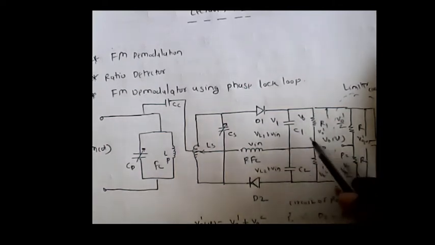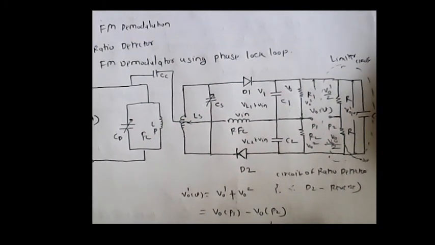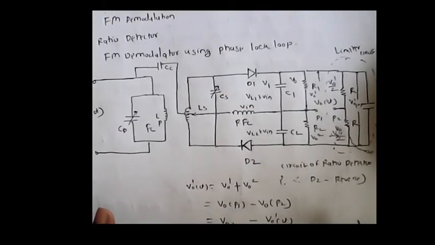This whole circuit is an envelope detector, and the voltage output is P1 minus P2. So R1 and R2, that is R dash and R, give the Vout. This is the circuit for the ratio detector.